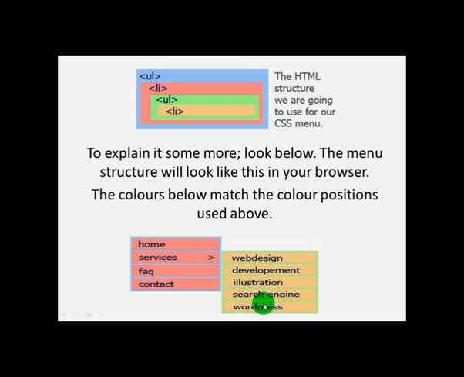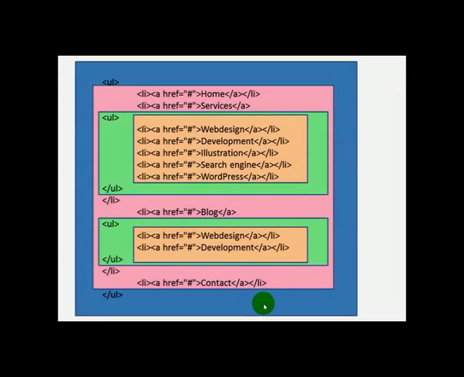Alright, let's go to the next page. And this is going to be the code that we would see in our HTML. The blue, again, is the same color. The blue, that's the open one, and this is the closed. And then each blue has list items. One's home, a service. Now notice the home has got its closing tag here, but the services does not have the closing tag.